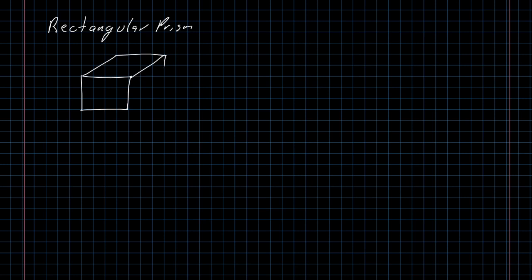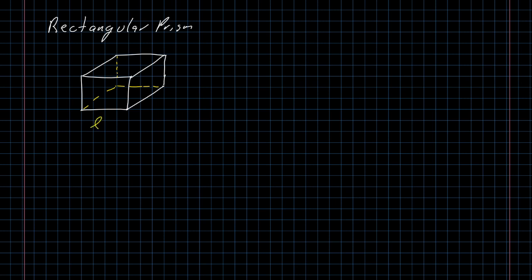The naming of three-dimensional objects can be a little bit weird. A rectangular prism is a box, which happens to have a rectangle as its base.